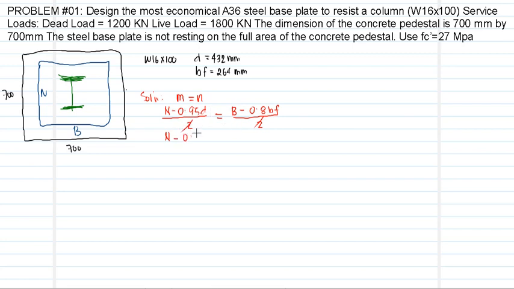Minus 0.95. The value of D is equal to 432 mm. That is equal to B minus 0.8. Our BF is equal to 264. Okay, so simplifying further, that is N minus 410.4 equals B minus 211.2.